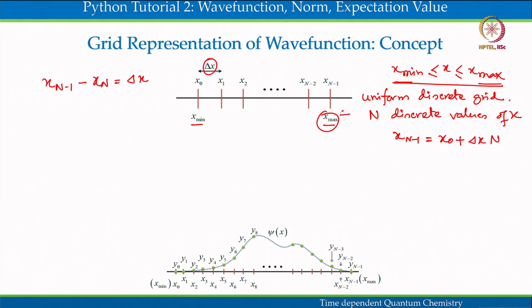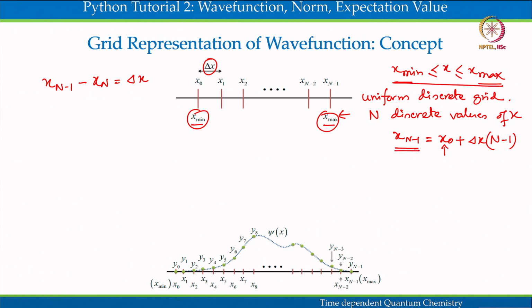Then I get the maximum value. x0 is the minimum value. So I will plug that in. What I get is that xn minus 1 equals x0 plus delta x times n minus 1. Then I get the final value.